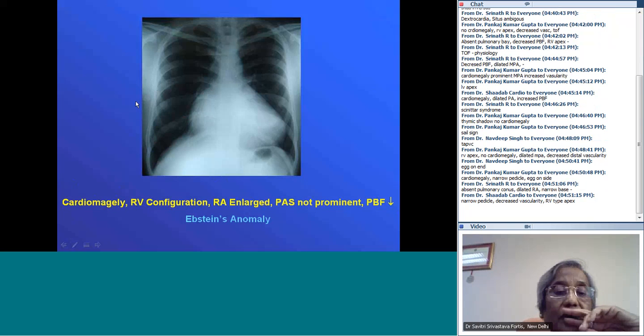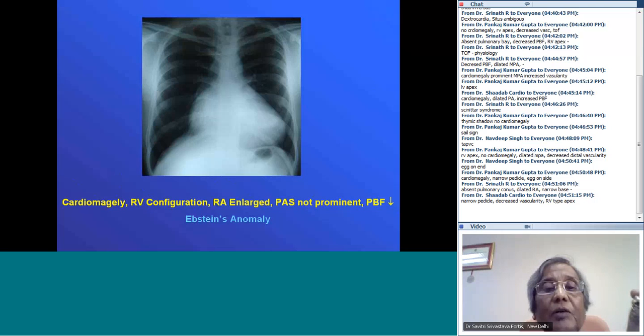Because I'll show you another X-ray, the echo side is a transposition physiology in which you see an increased vasculature. Transpositions, d-transpositions who have decreased pulmonary blood flow will not have the classical appearance. In them, the heart size is usually not so large.